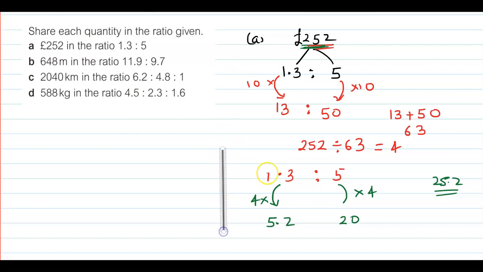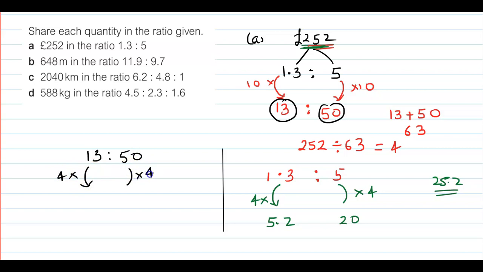Because our changed ratio was 13 and 50, write down here 13 and 50, then multiply by 4 here and 4 here. So 13 times 4 is 52 and 50 times 4 is 200, and if you add them, 200 plus 52, then you get 252 pounds.